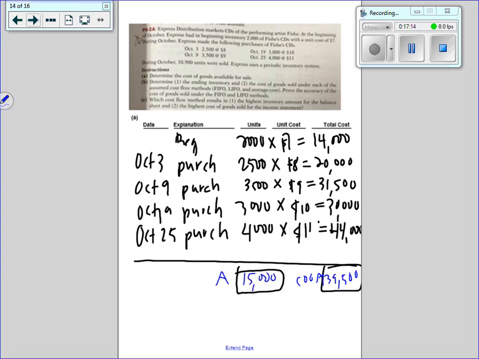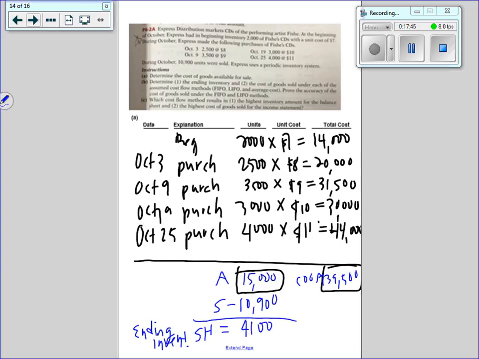So then I'd come in here, minus the 10,900 that sold, equals what is still here. Or in a little bit more of an accounting term, ending inventory, 4,100.